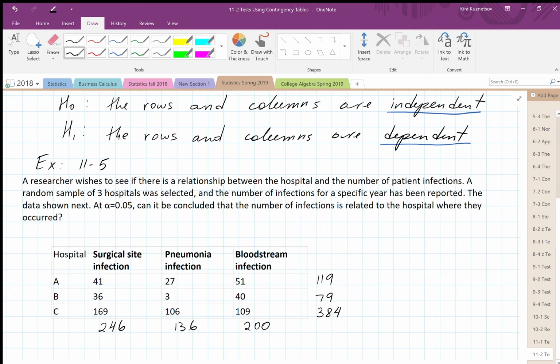This is why 11-2 presents two distinct hypothesis tests. One is called the test for independence, which observes the numbers in each category and finds if there's a relationship within numbers.